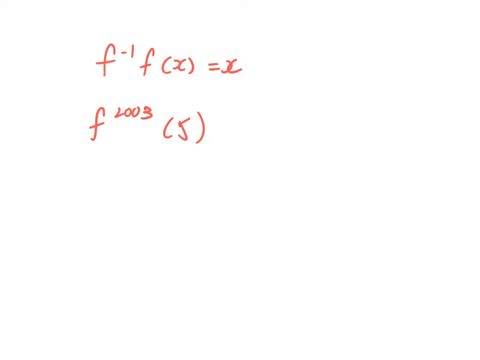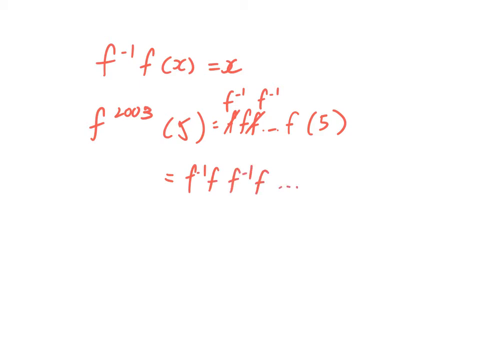This is the same as f applied so many times to 5, and because f is equal to f inverse, I can replace alternate f's with f inverse, so you're going to get f inverse f, f inverse f, until you have 2002 of them, which is 1001 pairs of f inverse f, followed by the last one, f of 5.